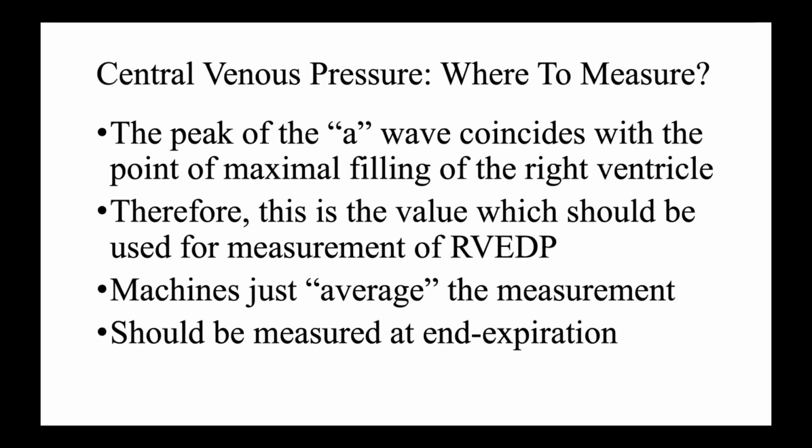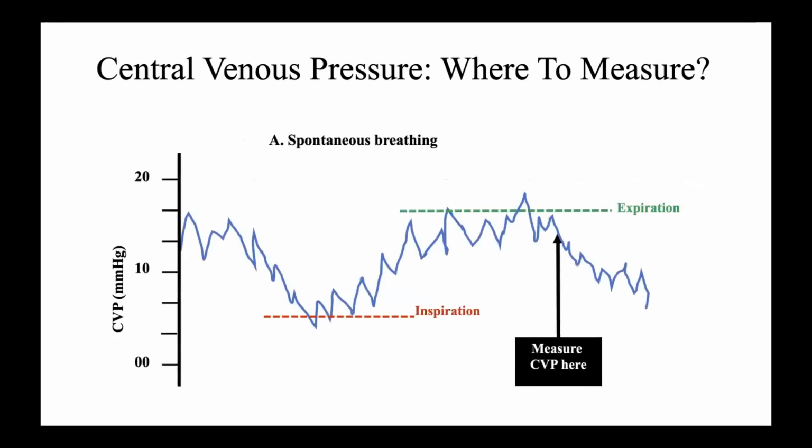the central venous pressure. The peak of the A wave on the central venous pressure coincides with the point of maximum filling of the right ventricle, and therefore this is the value which should be used for measurement of right ventricular end-diastolic pressure. Do not take the readings that you see on the machine to be the central venous pressure, because the machine is just going to average the measurement, and all of us know that it should be measured at the end of expiration.